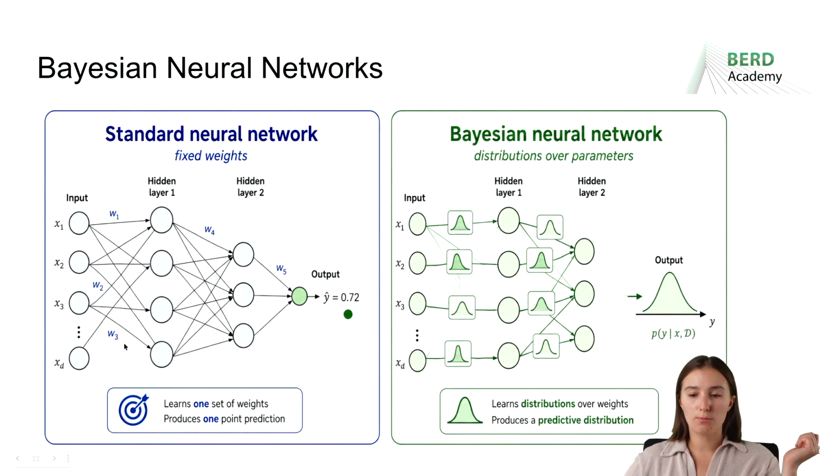So a standard neural network, let me get my pointer here, can look like that. You basically have your nodes that are connected. Here at the very beginning, you start with an input. Your input can be basically anything. It can be just your tabular data, so the variables, but it can also be a text that is tokenized, which basically means that you just split the words into sub-characters and feed that to the neural network.